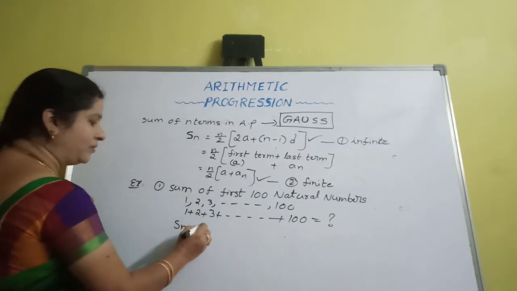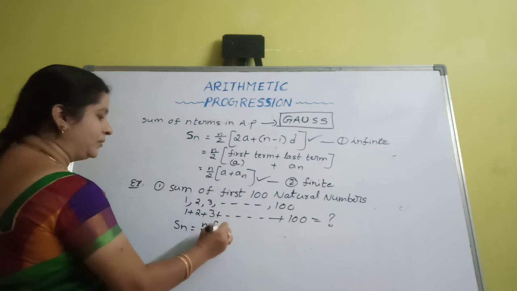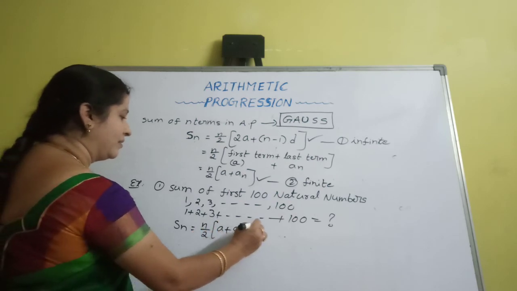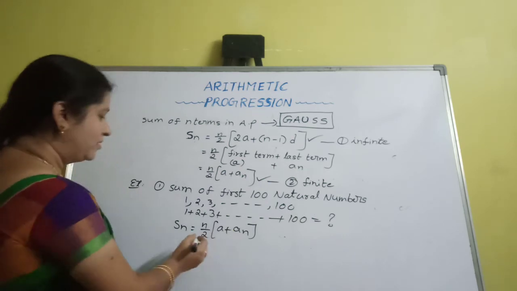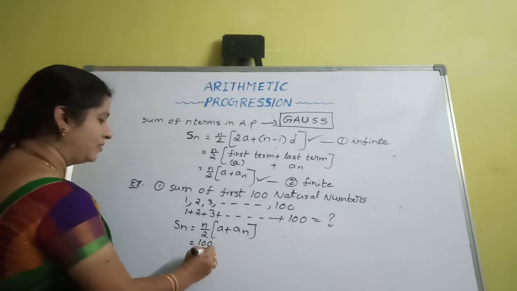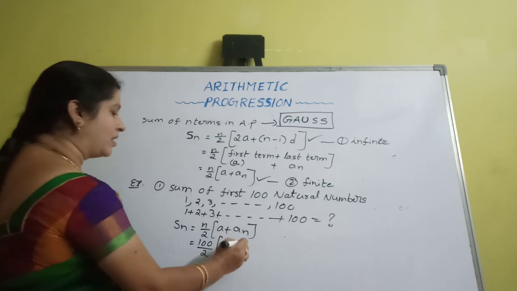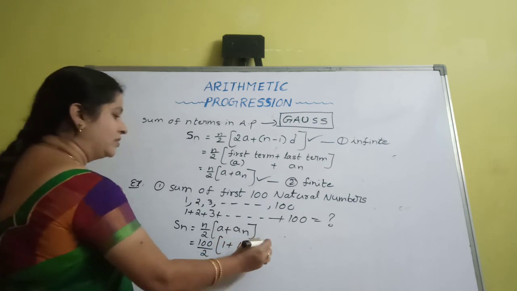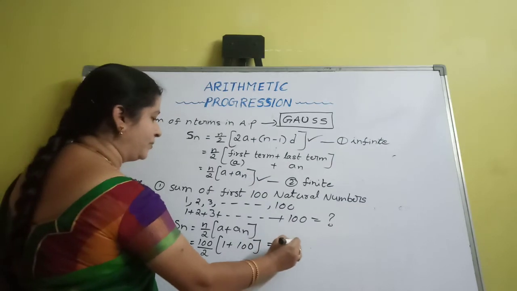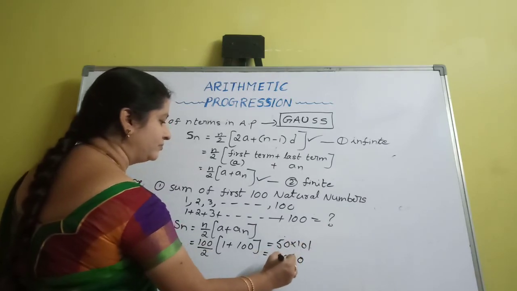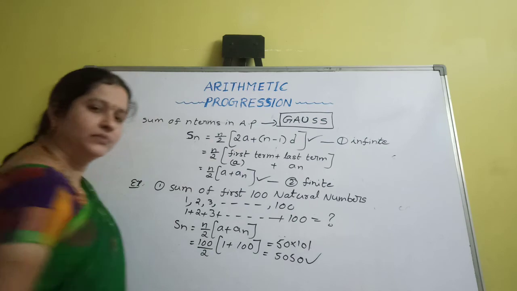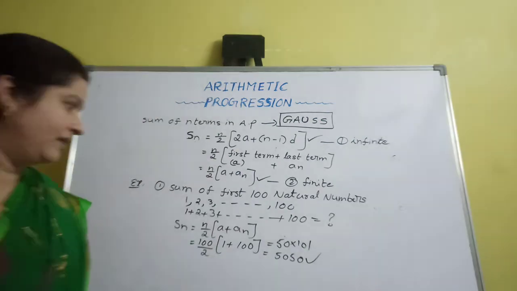Sn equal to n by 2 into a plus an. So n means here 100 numbers are there in this series. So 100 by 2, first term 1, last term 100. So 100 by 2, 50 into 101, so the answer is 5050.